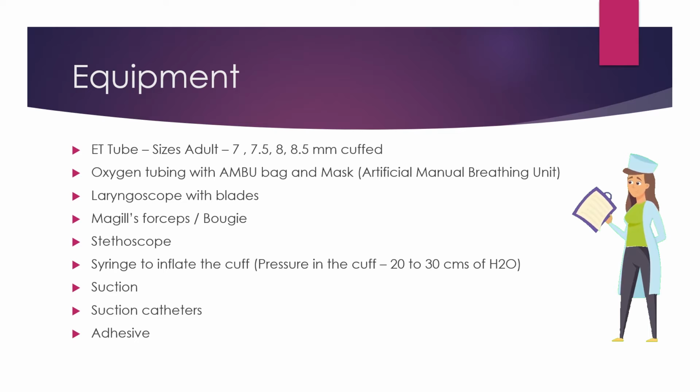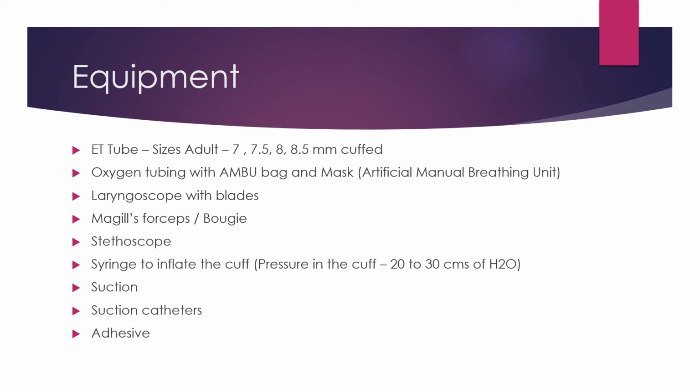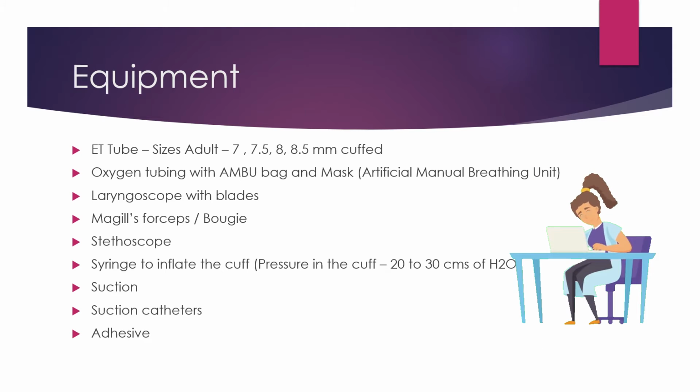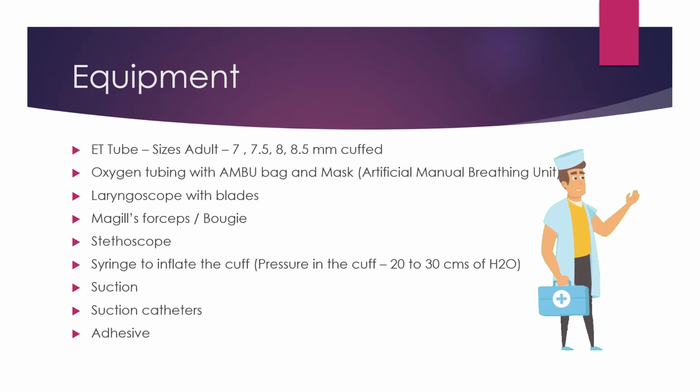I've mentioned the sizes for adults. The endotracheal tube sizes used for adult patients are 7.5, usually used for females because of the stature that females have, and 8.5, because heavy built males can even go up to 9 mm. So there is 8.5 and 9 also. Most preferably, for males it is 8 and 8.5 and for females it is 7 and 7.5.